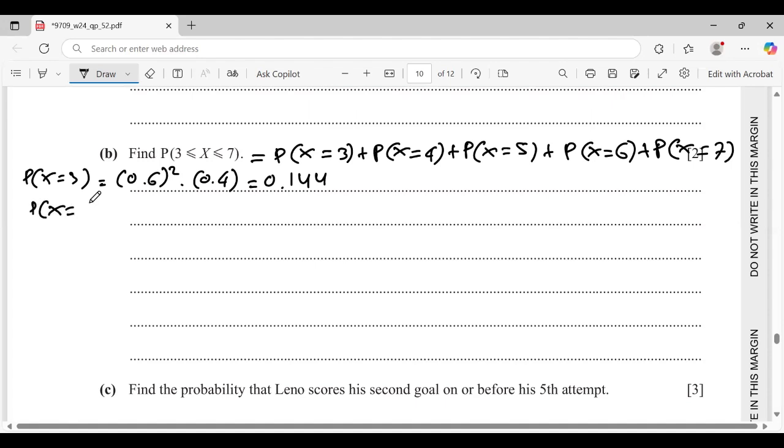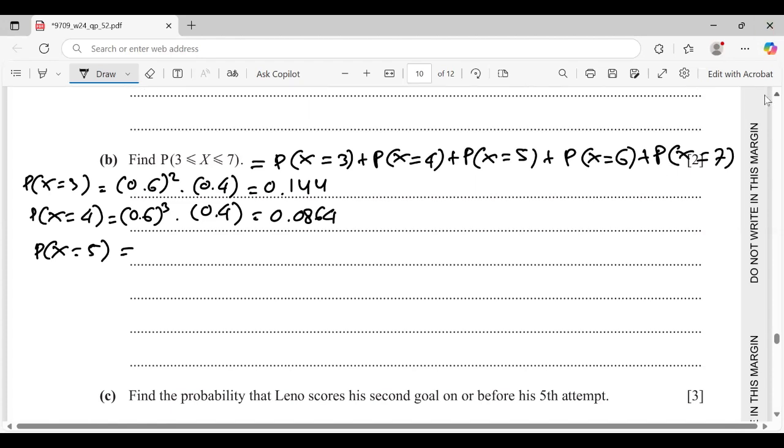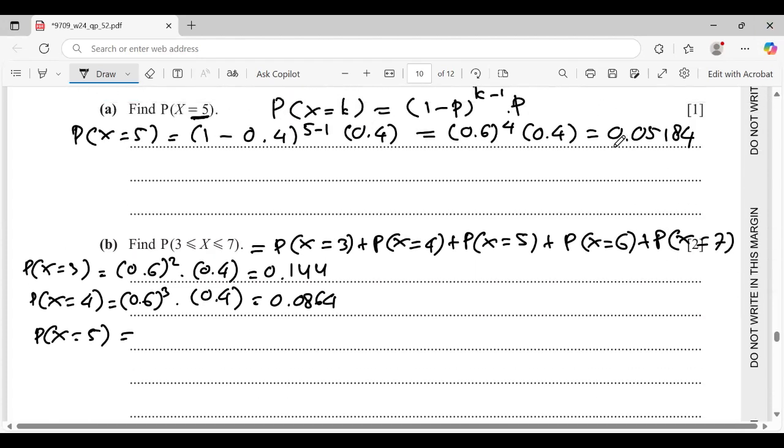And the probability x equals 4 is 0.6 cubed times 0.4. This is 0.0864. Probability x equals 5, that is the one on the previous, this one.